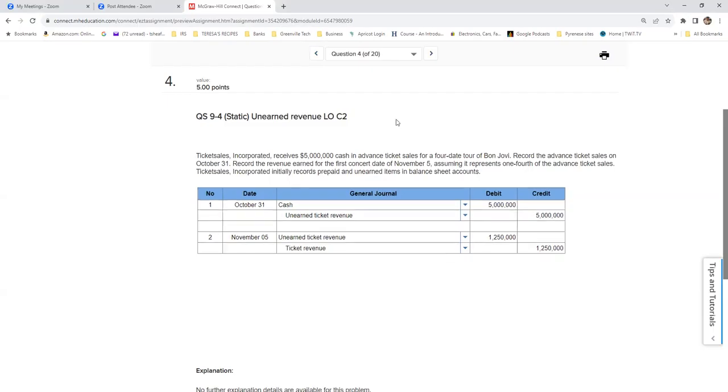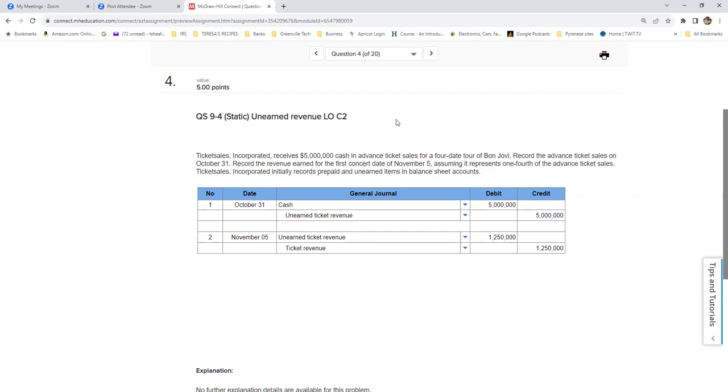All right, in this one, we have advance ticket sales for Bon Jovi, and the advance ticket sales were $5 million. On the day it was recorded, October 31st, we debit cash for $5 million and credit unearned ticket revenue. Now he's got 4 concerts, so we're going to divide that $5 million by 4.